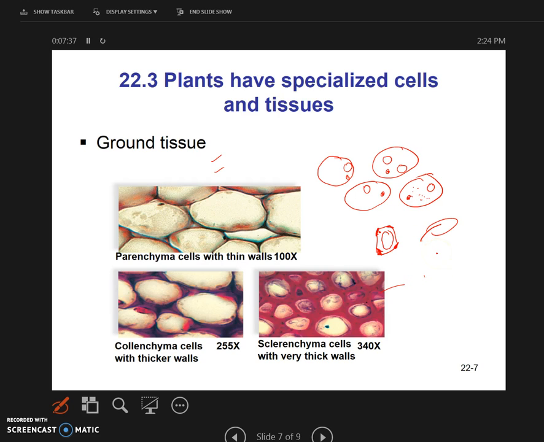For example, the jute. Jute has thick fibers. The fibers are made up of what? Sclerenchyma. Okay? They also form the covering of seeds and nuts. They're also found in some fruits that you are very aware of. For example, pear. Pear is very gritty, remember? So what do you think it contains? Sclerenchyma.